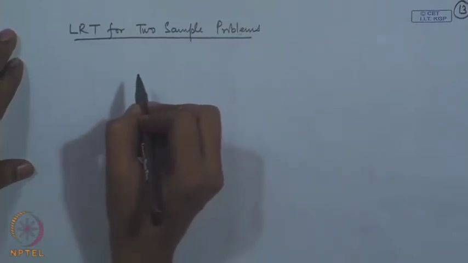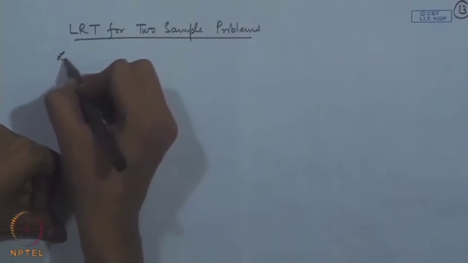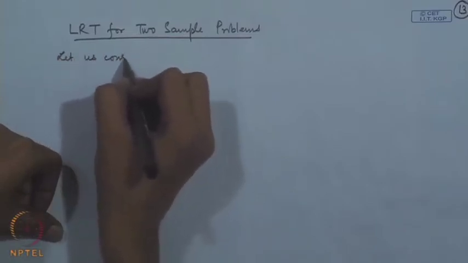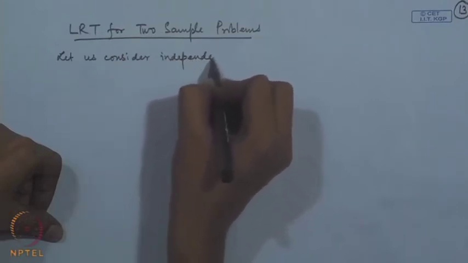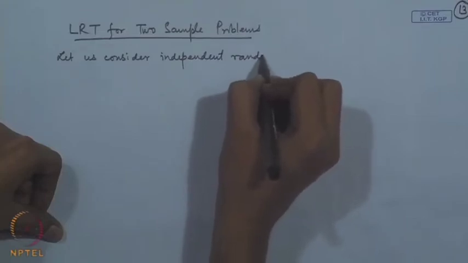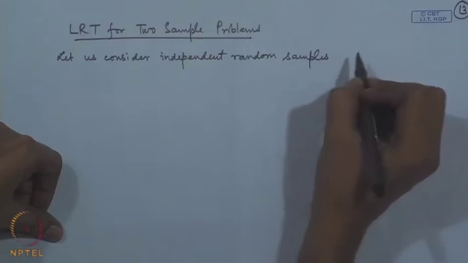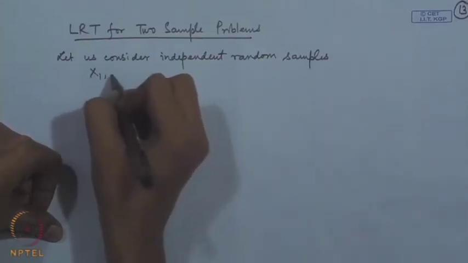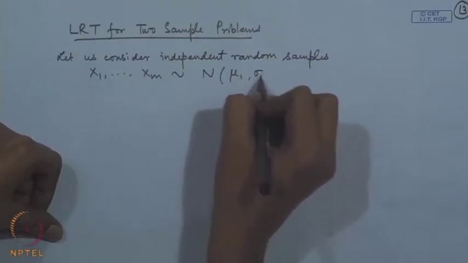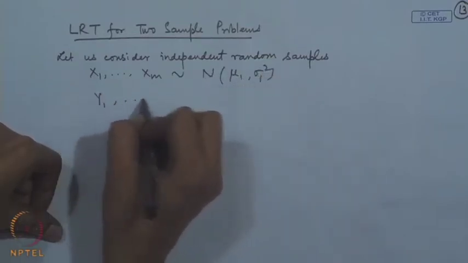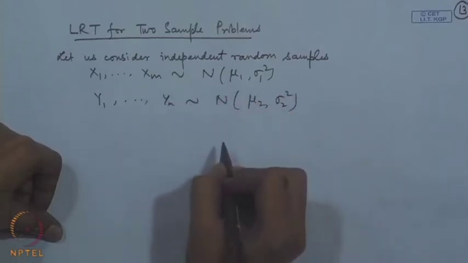To start with, I consider independent random samples from 2 normal populations: x1, x2, ..., xm from normal(mu1, sigma1 square), and y1, y2, ..., yn from normal(mu2, sigma2 square).